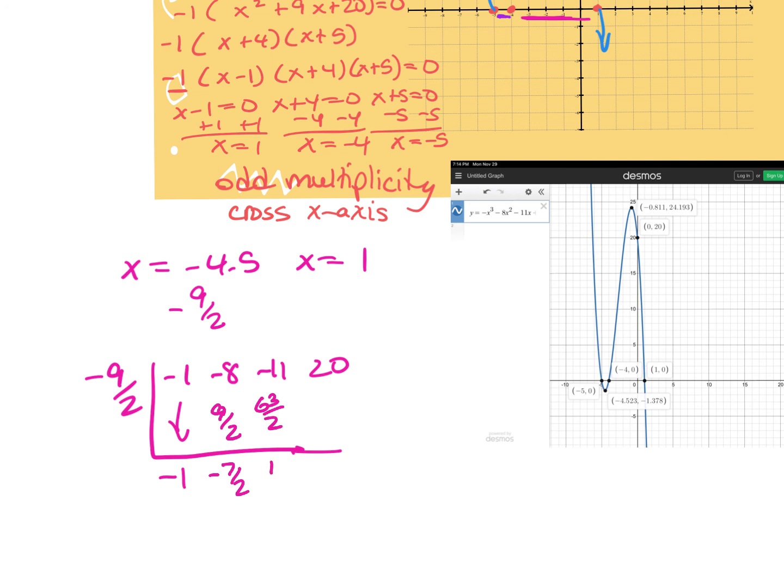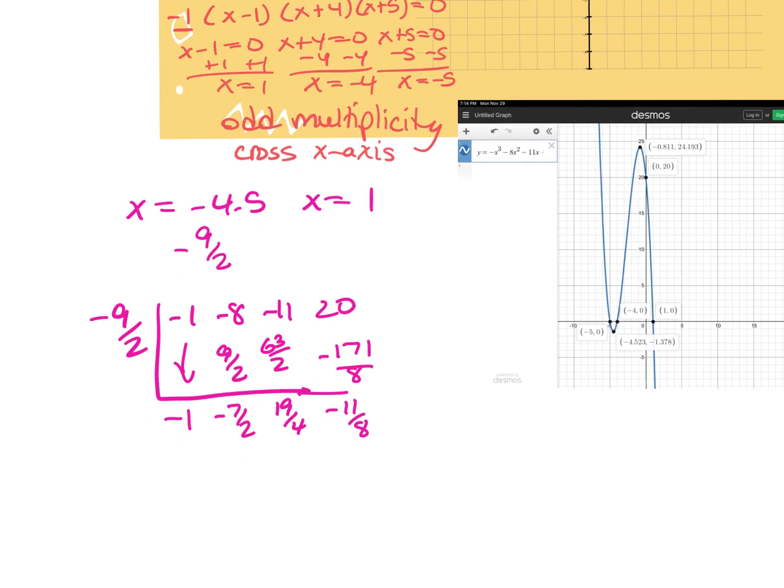Add the column, 19/4. And then go ahead and multiply, and I get -171/8. And then I get -11/8. So the ordered pair is -9/2 and -11/8.